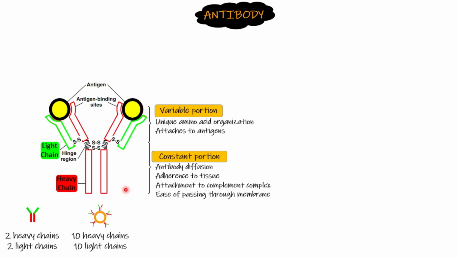Now let's discuss that antibodies can be present just like this, having two heavy chains and two light chains, as shown in the picture, two heavy chains in red and two light chains in green. Other than that, antibodies can be arranged in this form, having 10 heavy chains and 10 light chains.